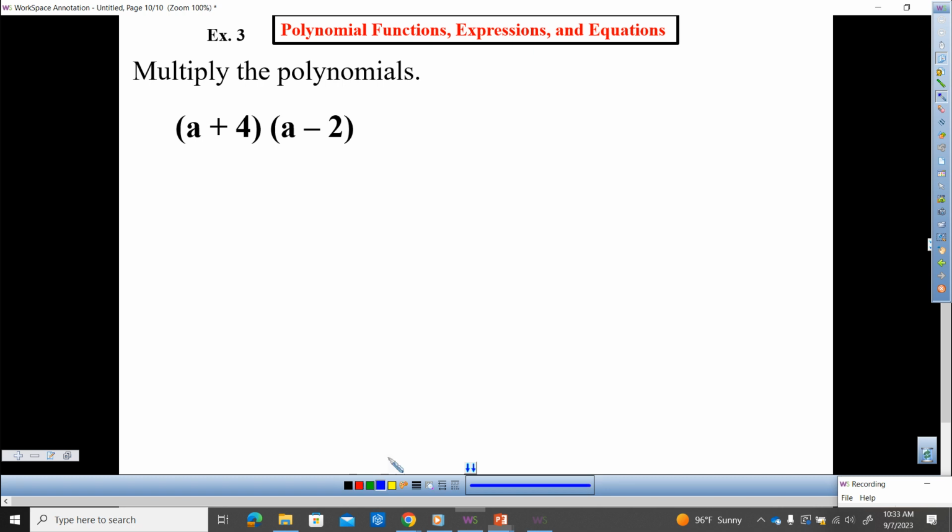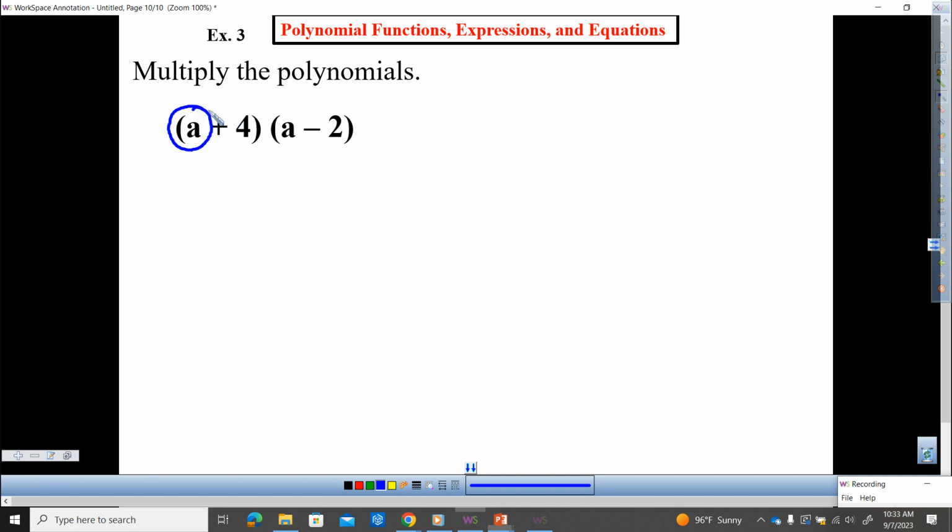To get started, we have a binomial times a binomial. So I need to multiply this one times these two. However, I'm going to start first by multiplying the first term times the other two terms. I'm starting with this one in blue, and you're just paying attention. You'll copy right after.